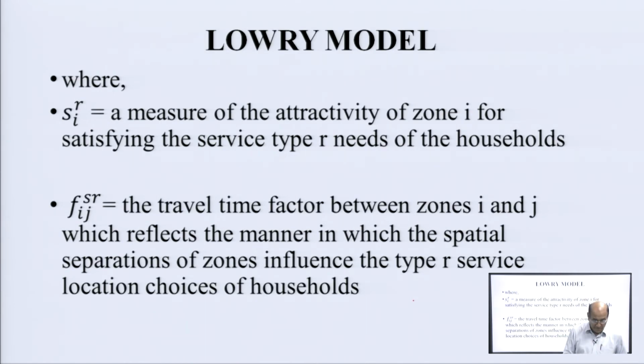Where S I to the power r is a measure of attractivity of zone I for satisfying the service type or need of the household, and f I j to the power S r is the travel time factor between zone I and zone j, which reflects the manner in which the spatial separation of a zone influences the type R services location choice of household.